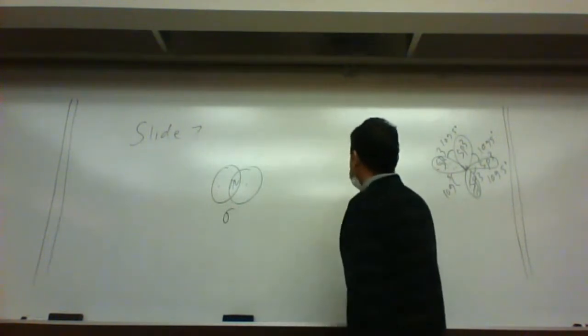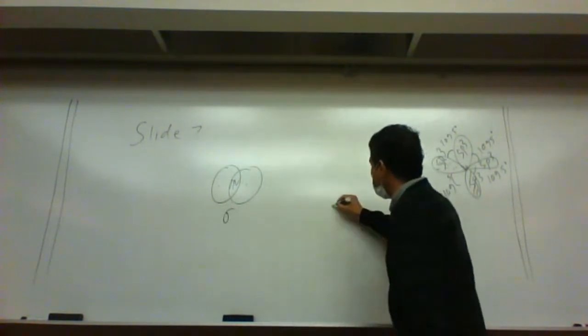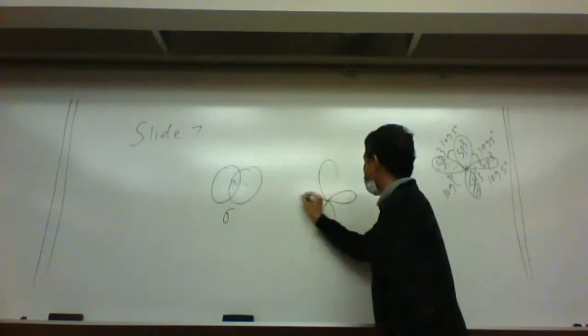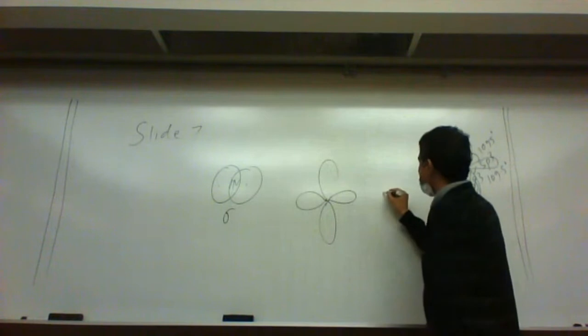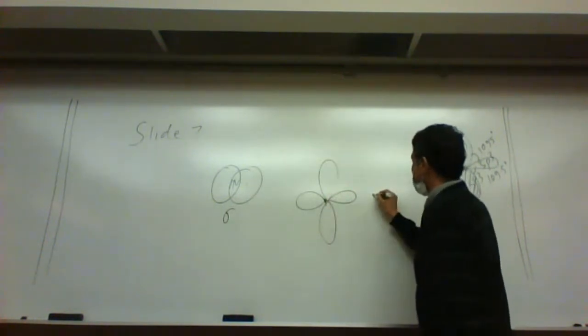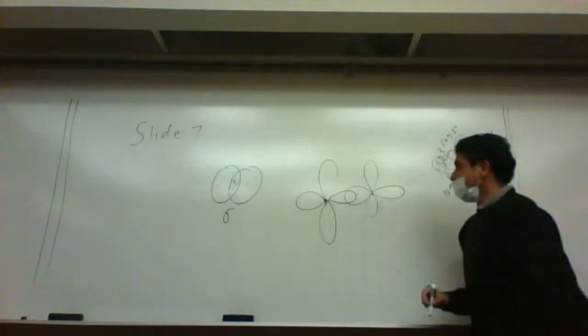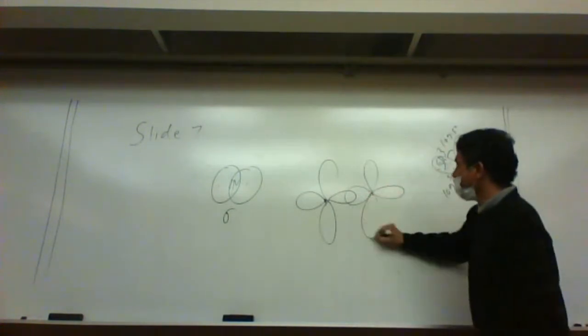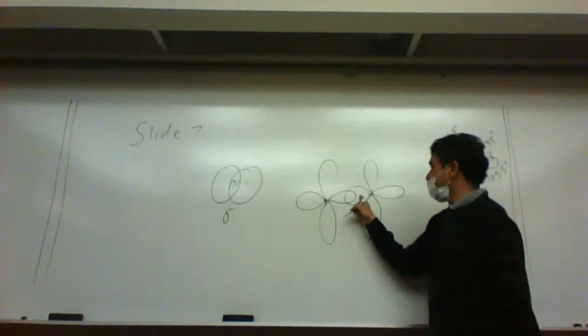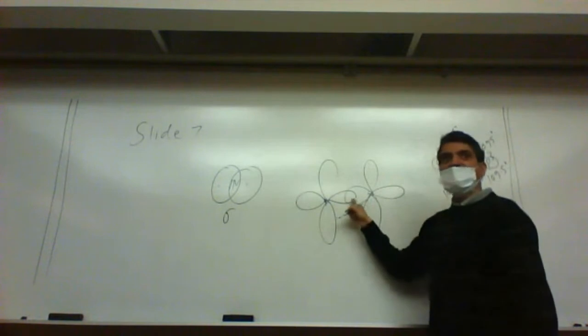Now how about the pi bond? The pi bond is part of a double bond. So let's say we have an orbital like this, orbital from one atom, and another atom has an orbital exactly like that, of the same size. You see here, this one and this one are overlapping head-to-head.